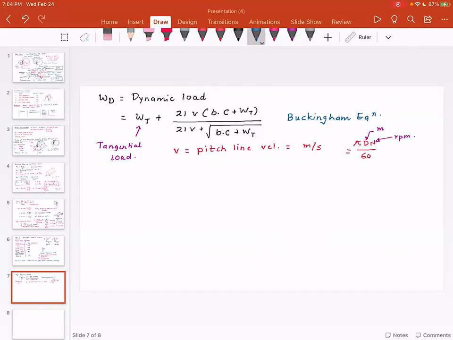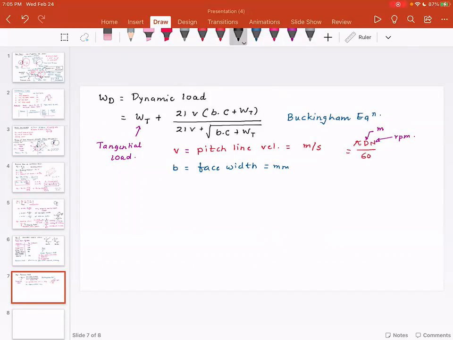Now B, which is the face width, has to be in millimeters.